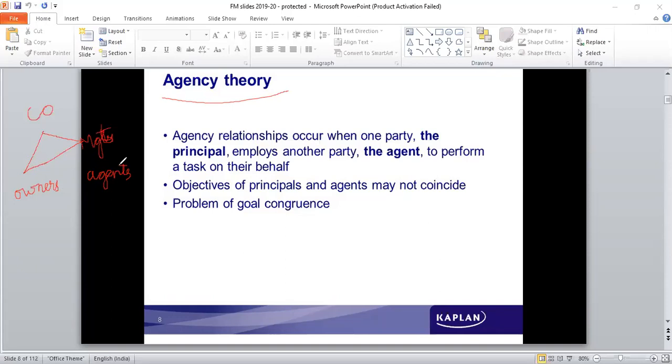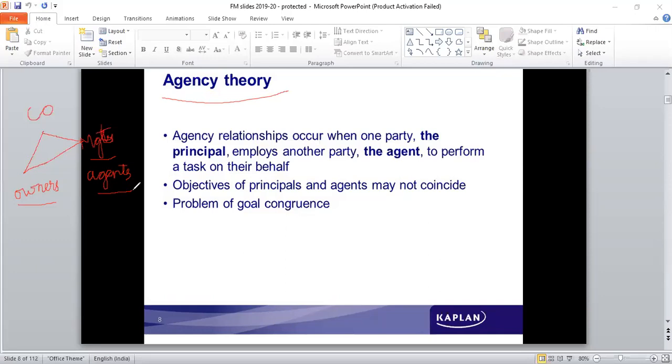Agency relationships occur when one party, the principal, employs another party, the agent. So the owners employ the management, or the agents, to perform a task on their behalf. So to earn the profits for them, they appoint the management. So they act in the capacity of agents, manage the affairs of the company, and make profits which belong to the owners.